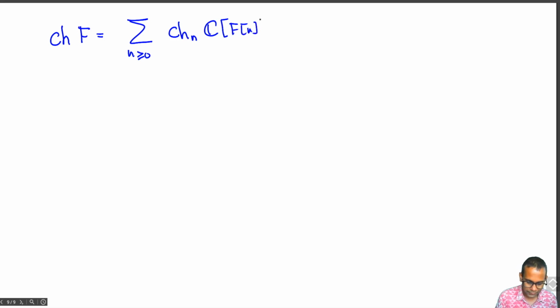So what do I mean by this? So firstly, let lambda hat denote the product over d greater than or equal to 0 of lambda d, where lambda d is the set of homogeneous symmetric functions in infinitely many variables of degree d.